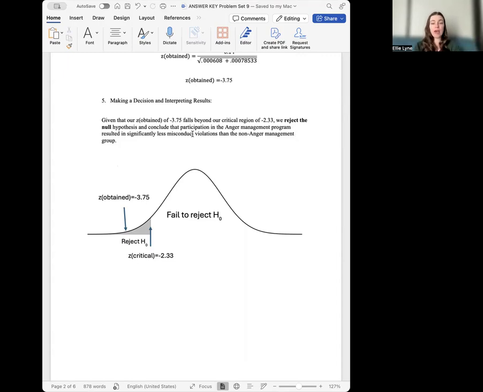We conclude that participation in the anger management program resulted in significantly less misconduct violations than the non-anger management group. So in other words, it did look like it was successful, right? The anger management program resulted in less misconduct violations among those individuals that participated in it.